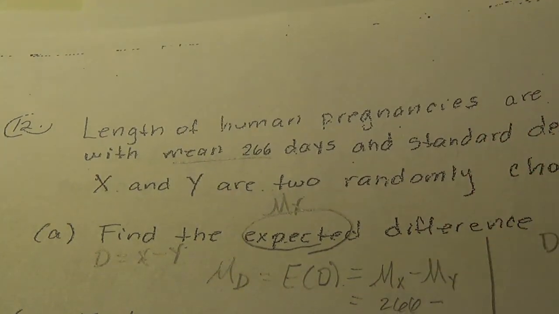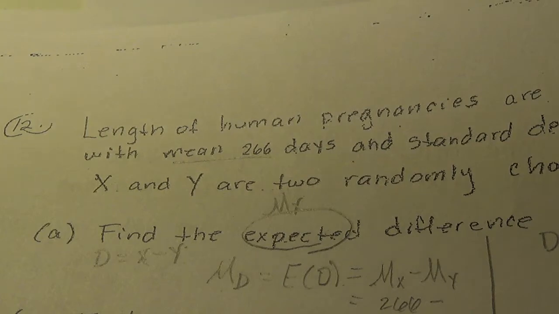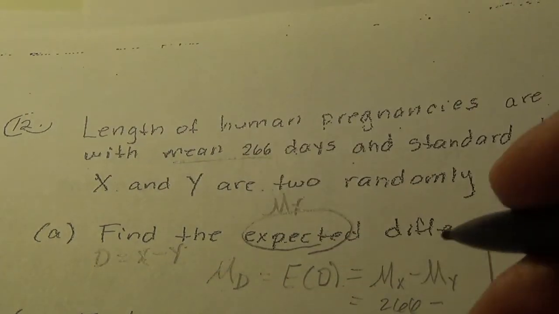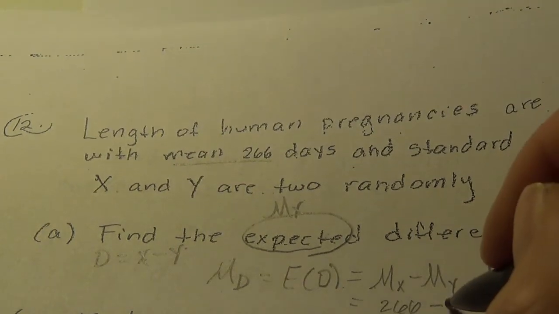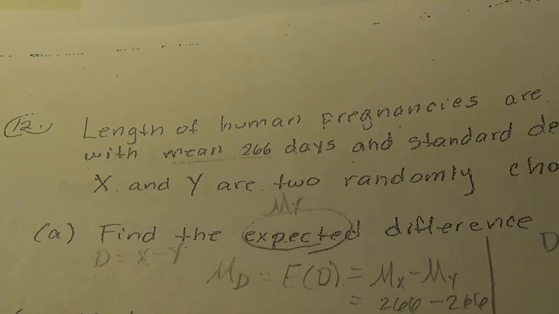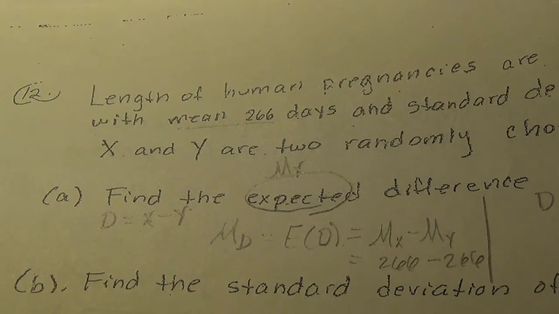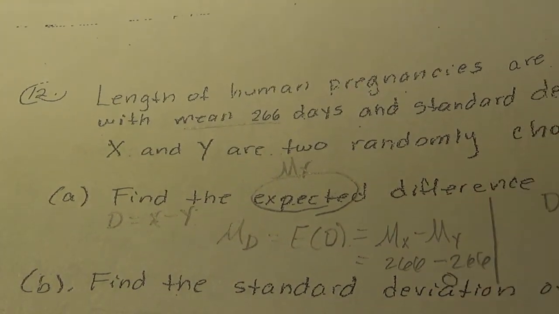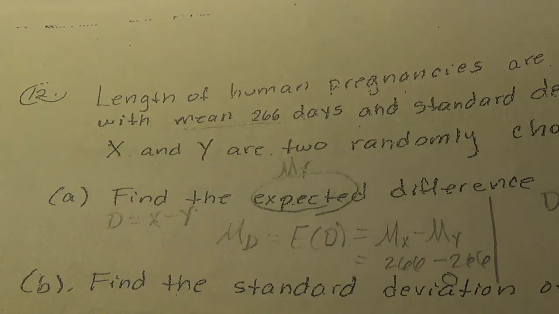And that doesn't change when you pick another pregnancy. So Y is another randomly chosen pregnancy, but the mean is still 266. So when I subtract 266 and 266, I get 0. That is the expected value of the difference.